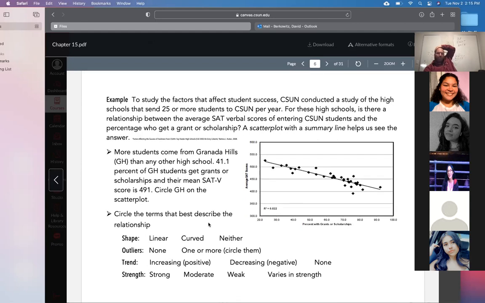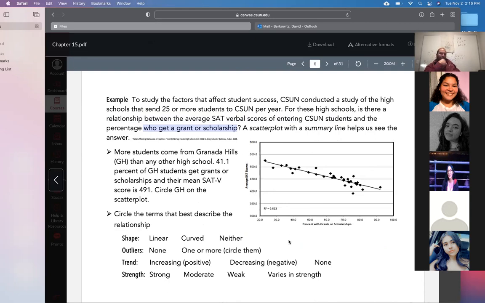Here, average SAT verbal scores of entering CSUN students and the percentage who get a grant or a scholarship. So when we did the scatter plot, it was the percent with grants or scholarships on the x-axis and the average SAT verbal scores on the y-axis.